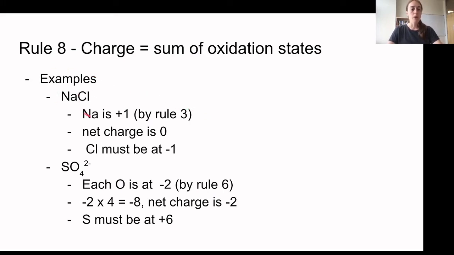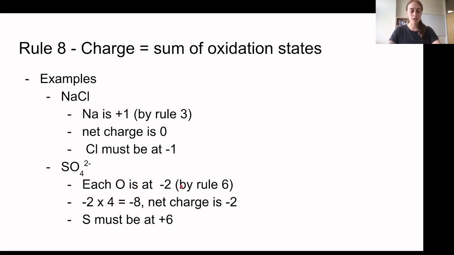Sodium chloride. We know by rule number 3 that sodium is in that +1 category, and then we know by looking at this that it has a net charge of 0, which hints to us that chloride must have an oxidation state of -1. Over here with sulfate, we know that we have a net charge of -2 here.